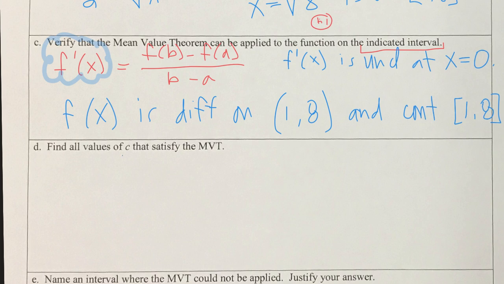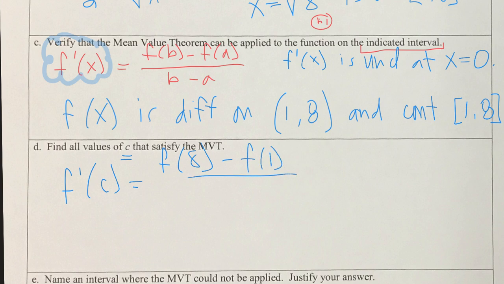Okay, so find all values of c that will satisfy that MVT. So now we're looking for f prime of c, okay, which is f of 8 minus f of 1 over 8 minus 1. So now we're going to have to do a little bit of calculating in order to figure these things out. So let's use our values from the first part.